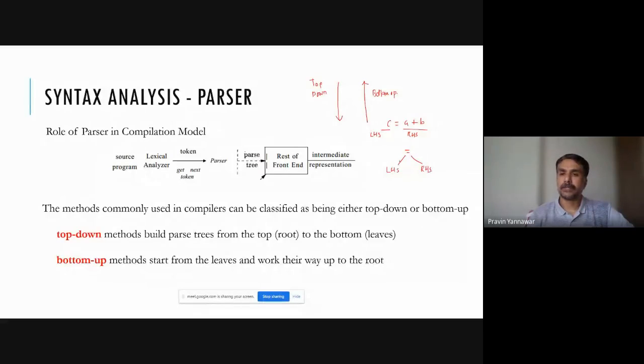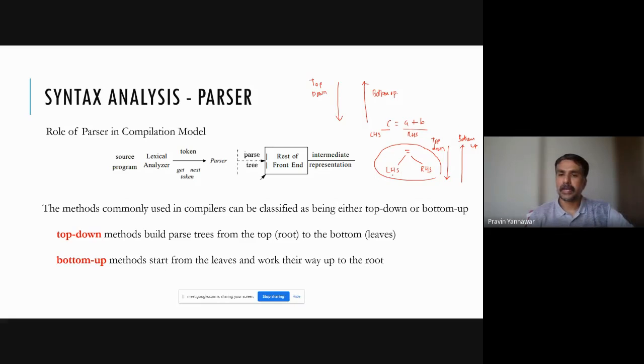In short, this representation is called a tree. If I start exploring this tree in this particular way, it is the top-down approach, and if I start exploring this tree in this particular way, it is bottom-up. So this is top-down, and this is bottom-up.